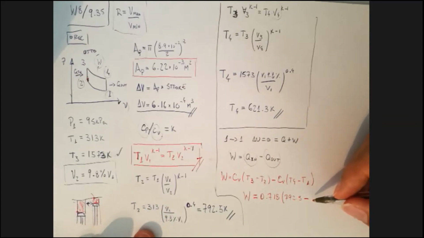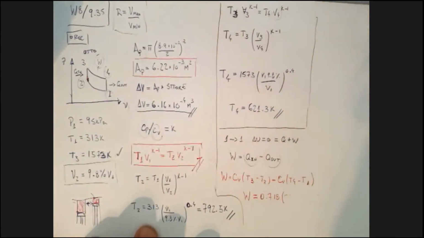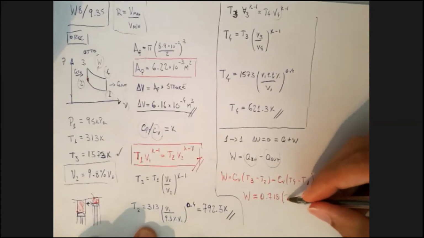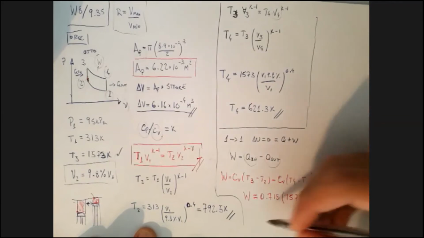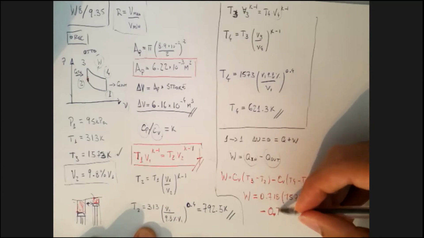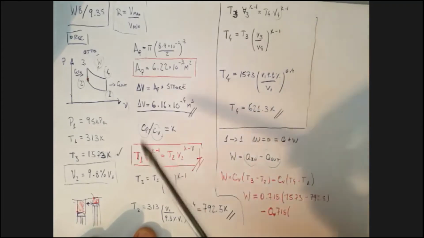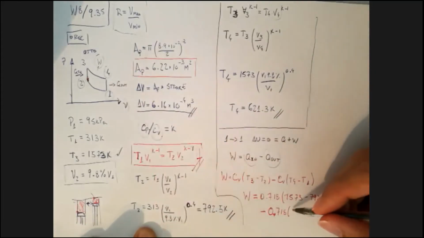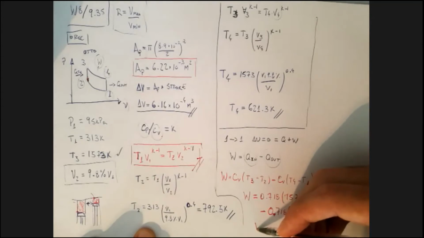T3, which is 1573, minus T2, 292.5. And I'm going to subtract that by 0.18. That doesn't change, thankfully. And then T4 minus T1. T4, 621.3. T1, 313.